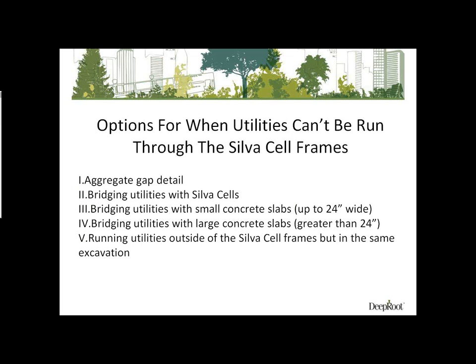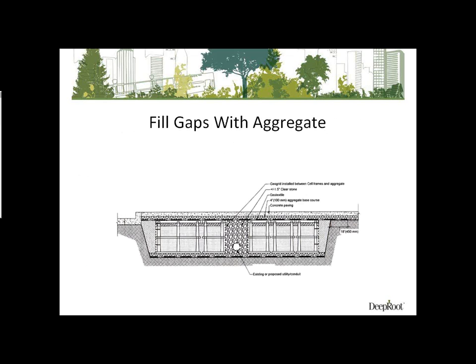Options for when utilities can't be run through the Silva Cells. Probably one of our most common details and kind of our go-to detail when there's a problem with the utility not being able to be run through the Silva Cells themselves is to make what we call an aggregate gap.